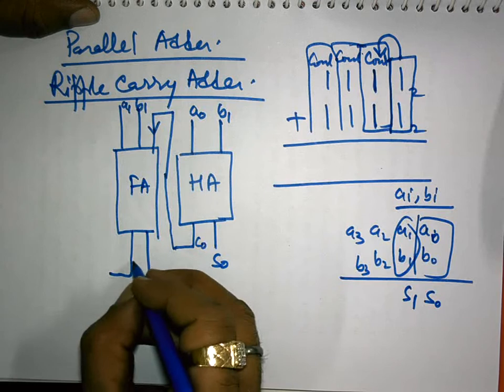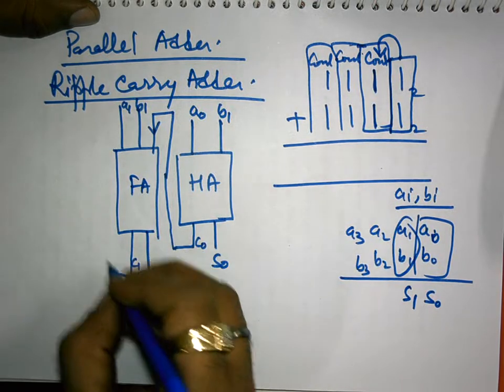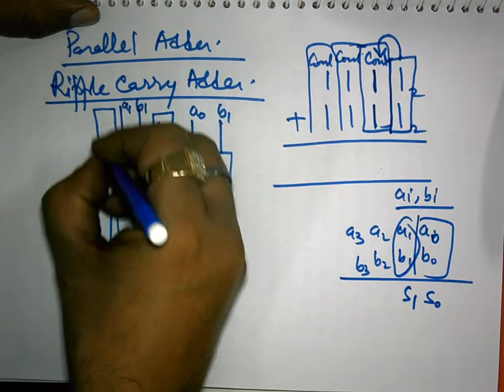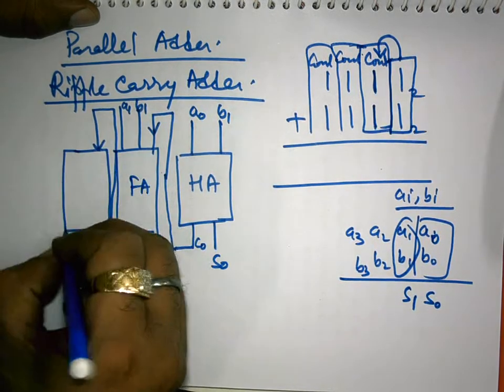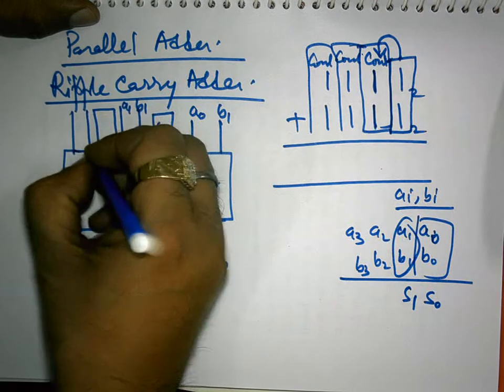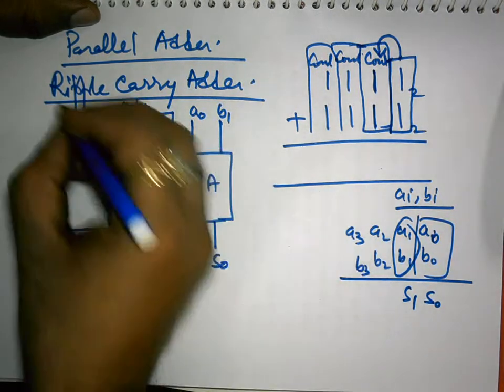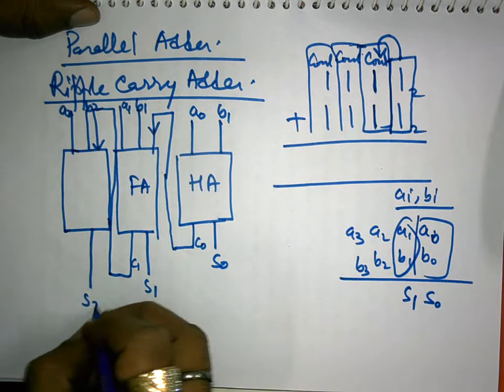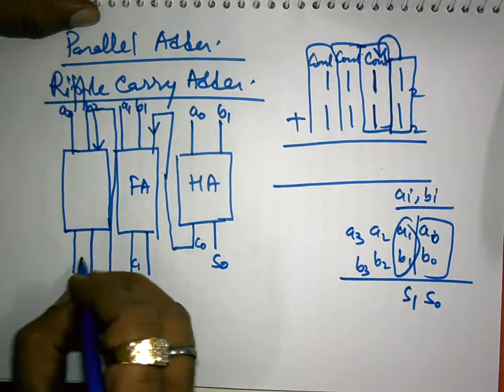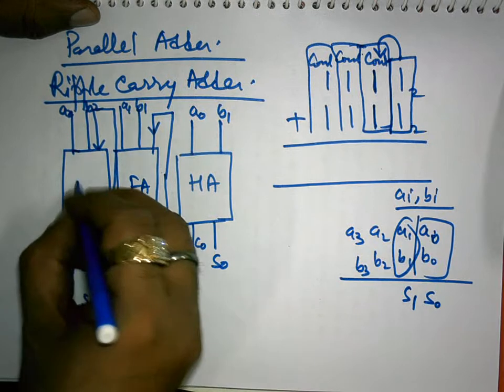which this may be said as C0, this may be said as C1, and this carry out will further be fed to the next bits. And what is fed as an input over here? A2 and B2. What we will obtain at the output? S2 and C2. This is a full adder.